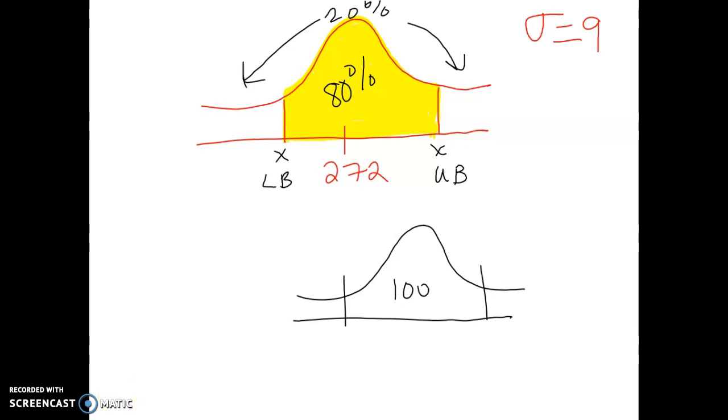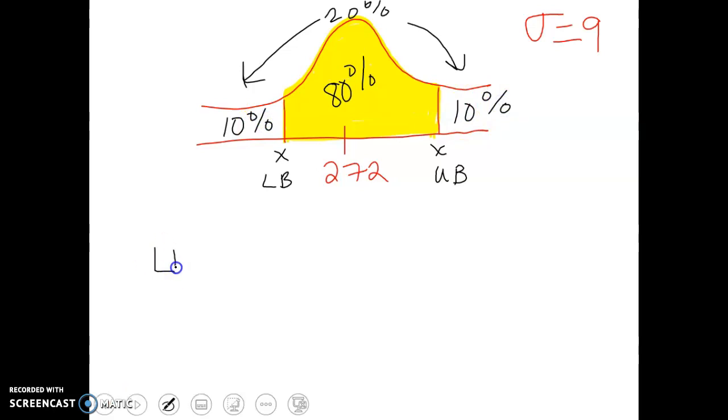Now that 20% is divided into two sections, so the two sections together make 20%. They're not 20% each, because then this whole thing would be 80 plus 20 plus 20, which is 120%. We want just 100%. So how much should each section be if the two sections together make 20? Remember, this whole thing is symmetrical, so each would be half of that. So 10% here and 10% here.